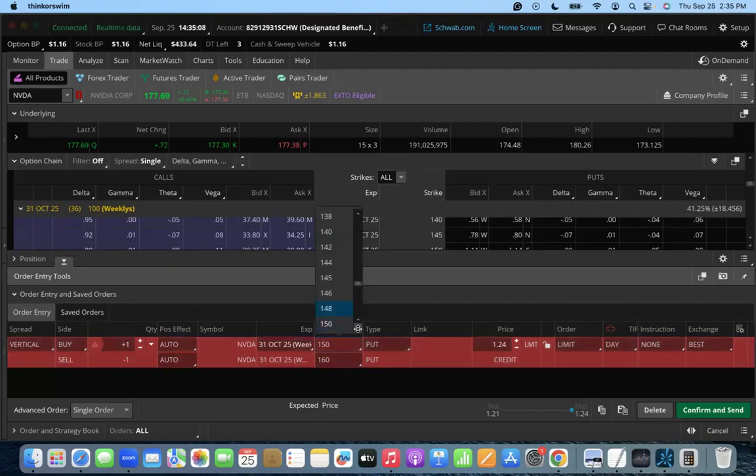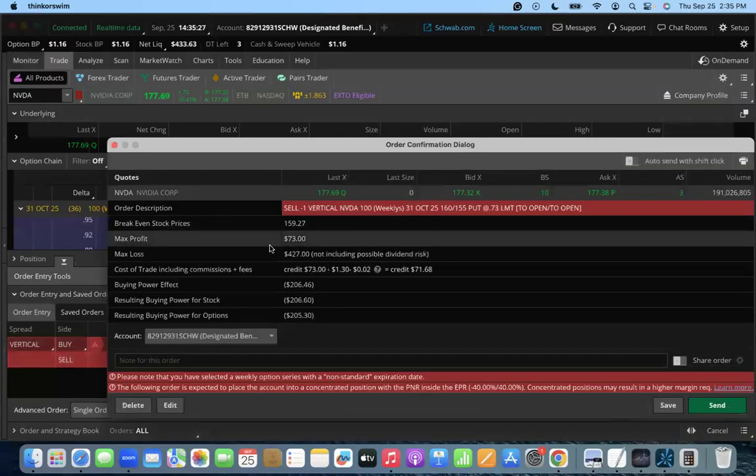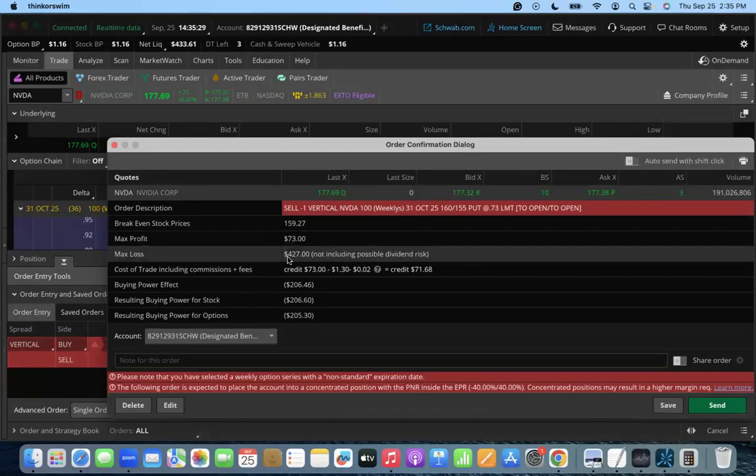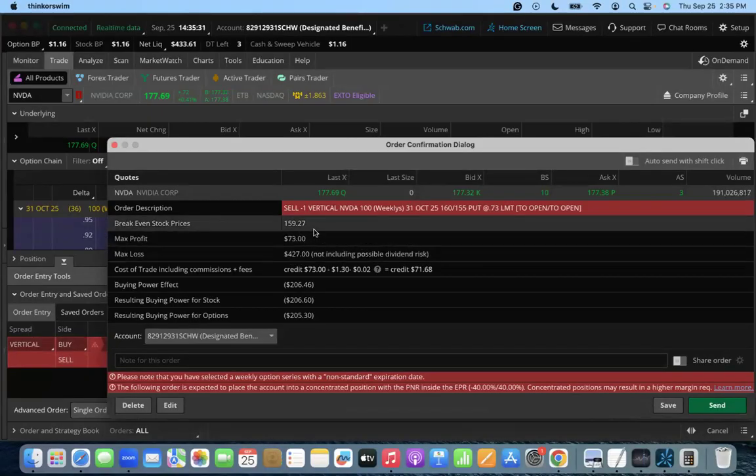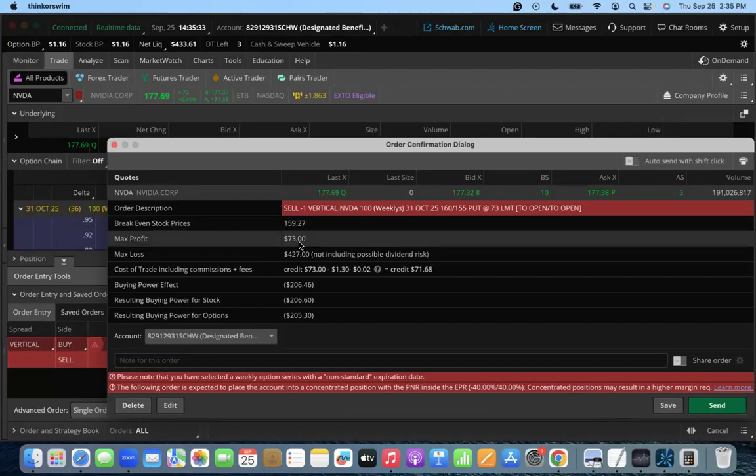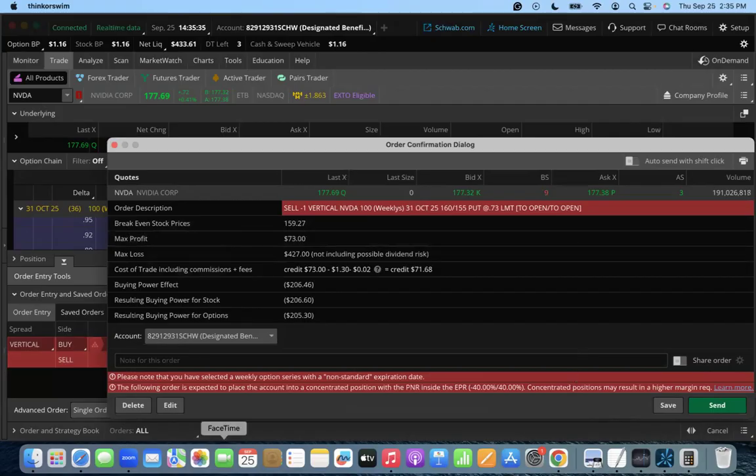If someone is happy with less income but doesn't want to put a lot of money at risk, there's the $73. This is a $5 spread, $5 minus 73 cents, so it would be $4.27 at risk, which is $427, and the maximum profit is $73.